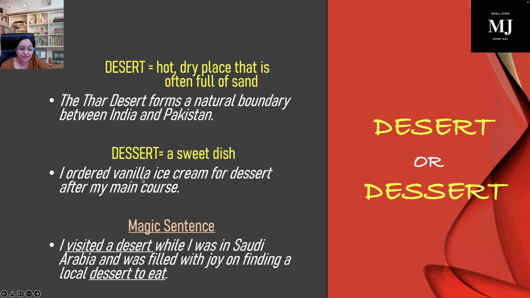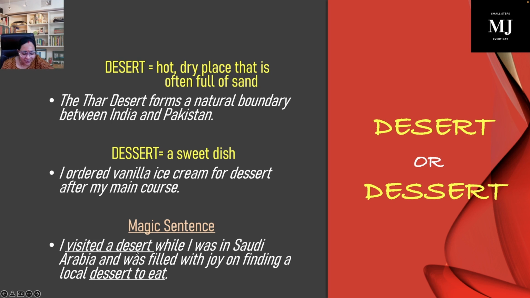I ordered vanilla ice cream for dessert after my main course. Okay? So it's a sweet dish. Now let's use them in a magic sentence. I visited a desert while I was in Saudi Arabia and was filled with joy on finding a local dessert to eat.